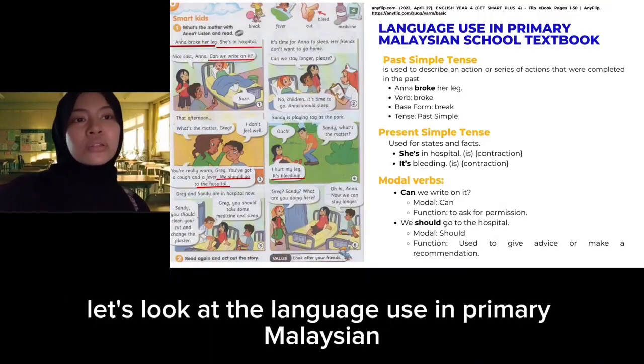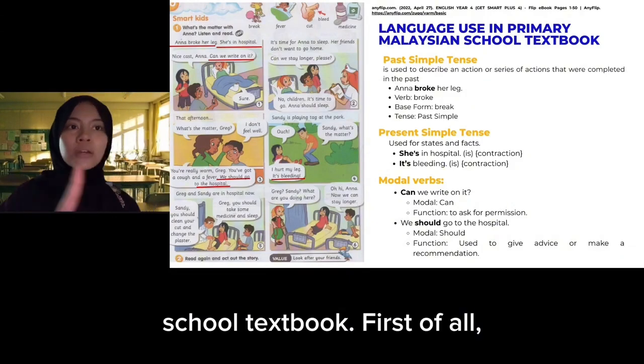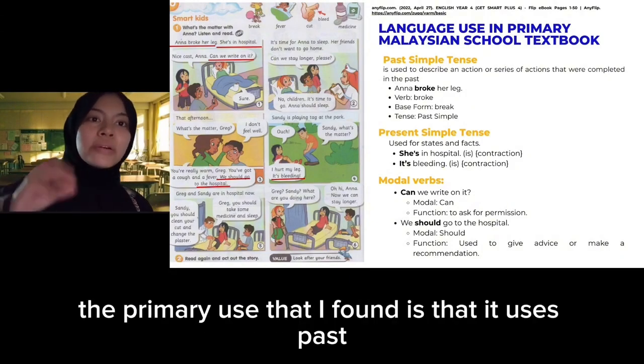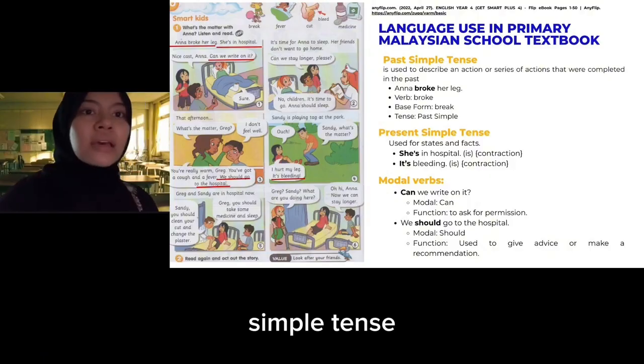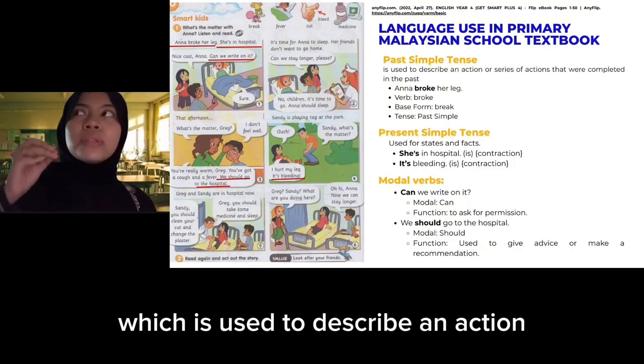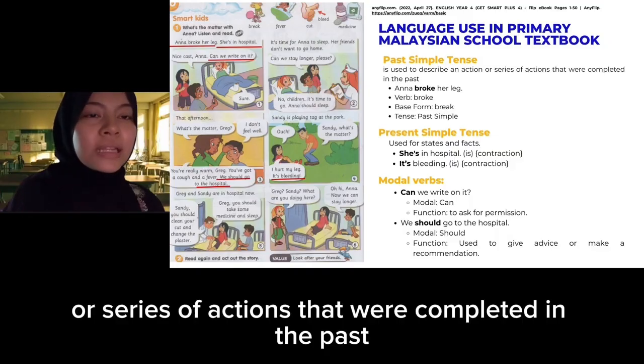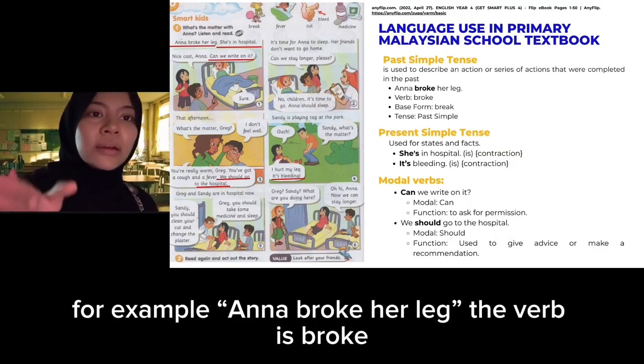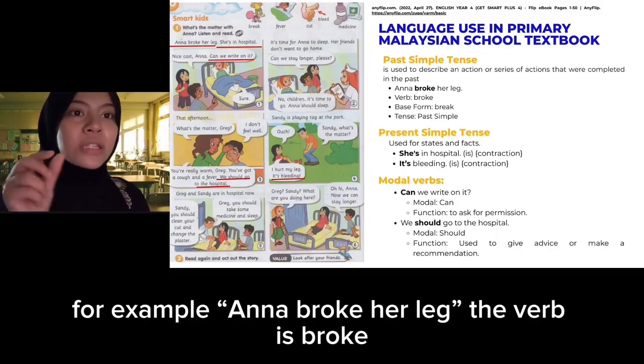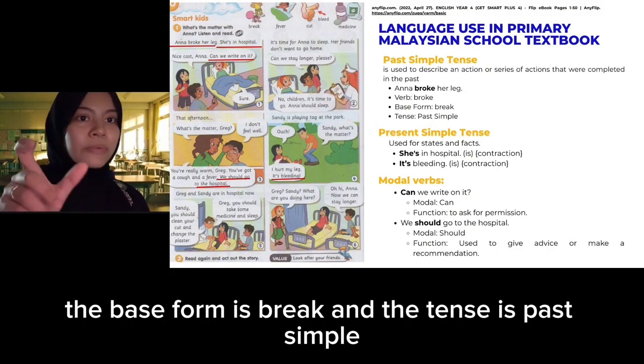Moving on, let's look at the language used in primary Malaysian school textbooks. First of all, the primary use that I found is the past simple tense, which is used to describe an action or series of actions that were completed in the past. For example, "Anna broke her leg." The verb is broke, the base form is break, and the tense is past simple.